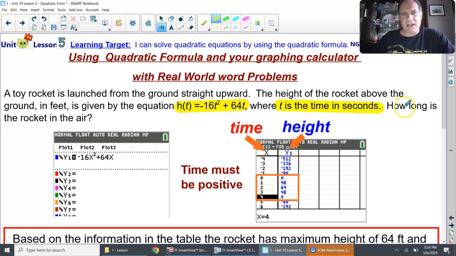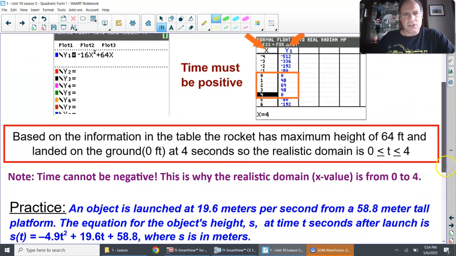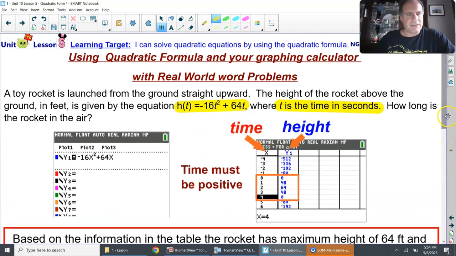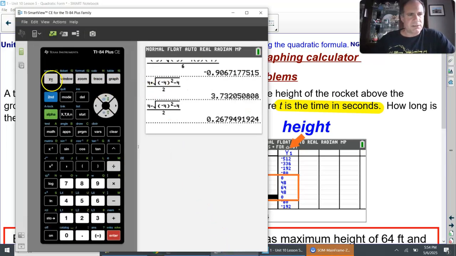How long is the rocket in the air? So based on the information given, you're basically going to put this directly into the calculator like this, right here. You're going to put that directly in, and you're going to see exactly what is going on here.